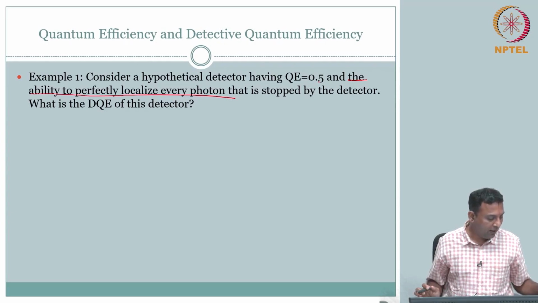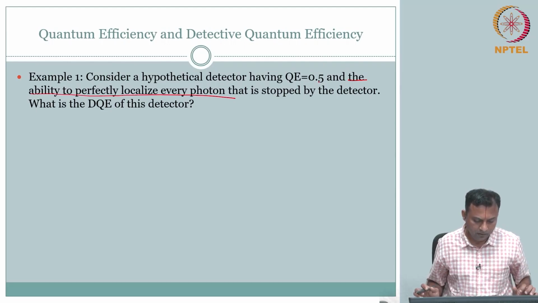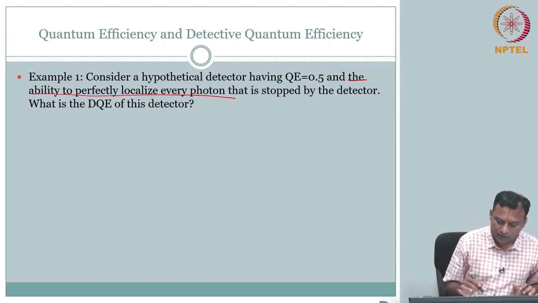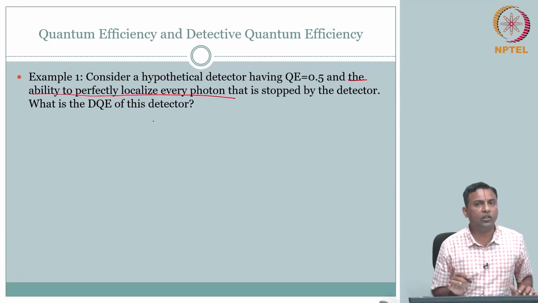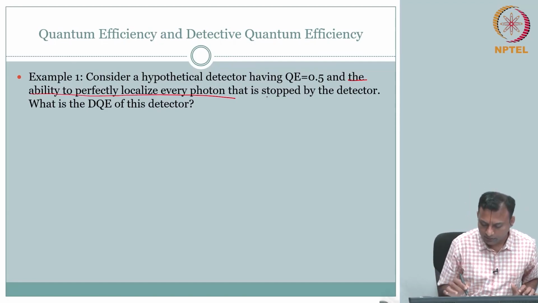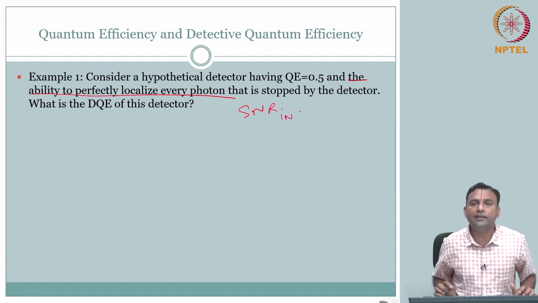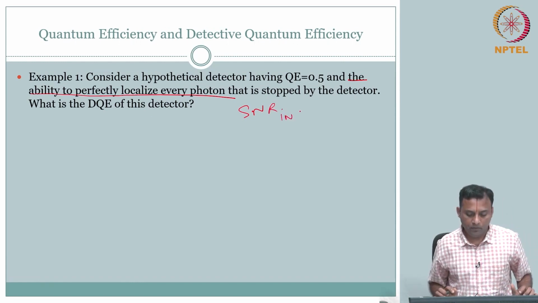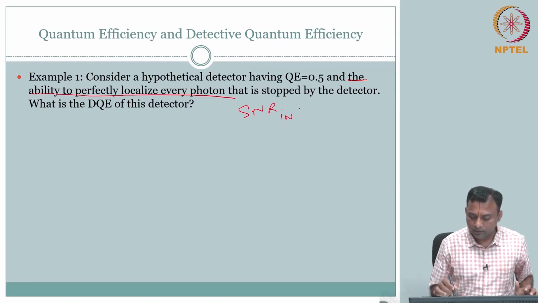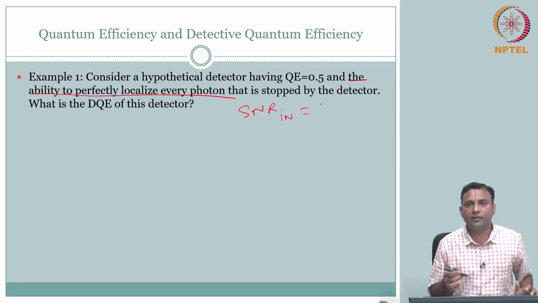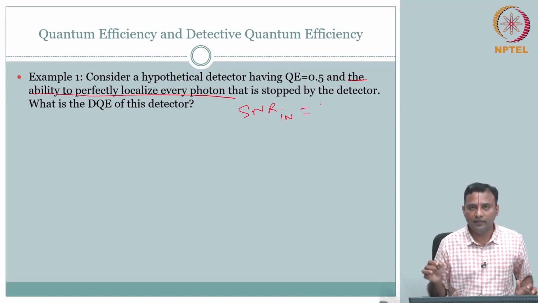So how do we talk about that? What is your intrinsic signal to noise ratio? We talked about this: signal is the mean of the signal, and the variance, if it is Poisson, we talked about.